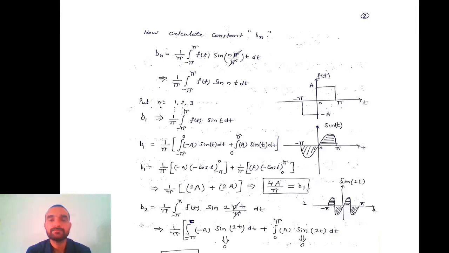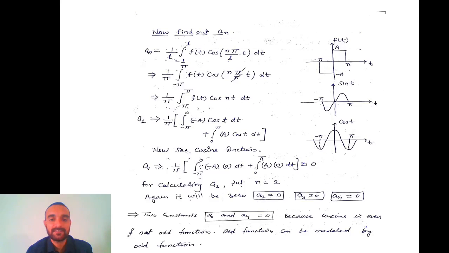In the next part of this question, we will discuss bn, because a0 and an are both 0 for the modeling of an odd function. Clear? For an odd function we have to calculate the coefficient of the sine function. Clear? Because sine is an odd function.